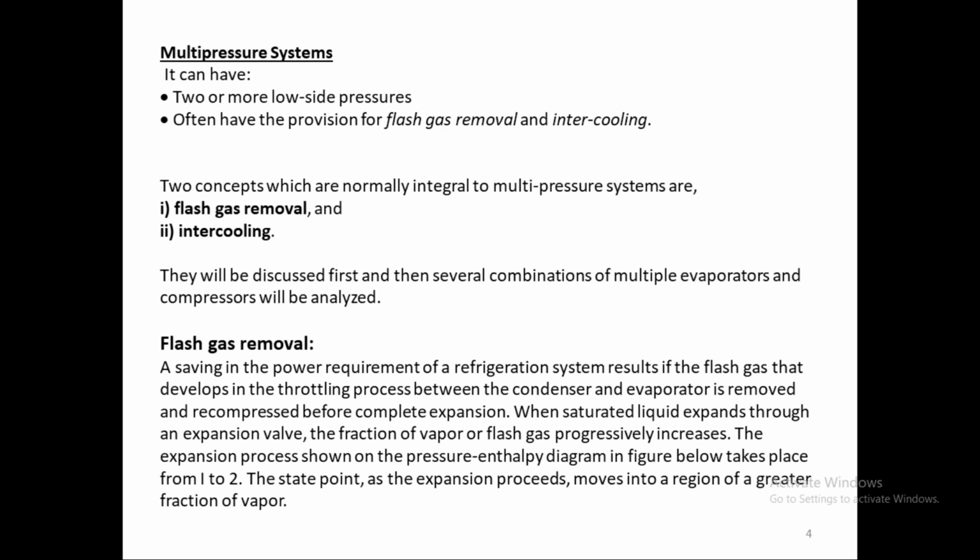So instead of compressing it in just one stage from one low pressure to a very high pressure, we want to compress it to a middle range, then send it to a heat exchanger, cool it down, and then compress it again. We will discuss it again in detail in the slides coming up.